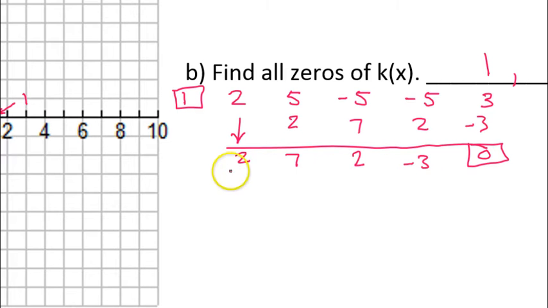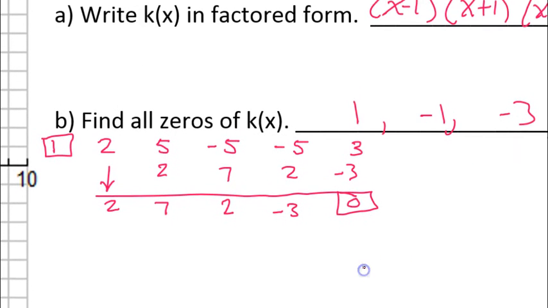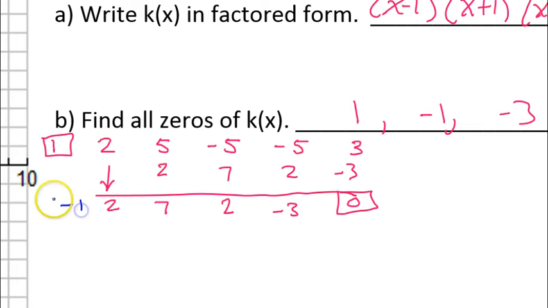All right, this time grouping is not happening. I don't see any pattern. So I'm just going to go ahead and use the next zero on my list. So far I've done the 1, which would give me the x minus 1. Now I'm going to use the negative 1, which would give me the x plus 1.